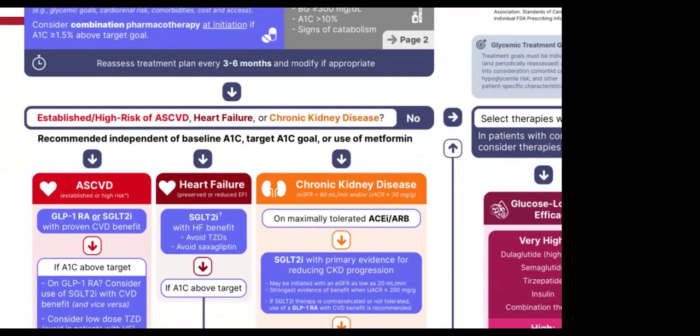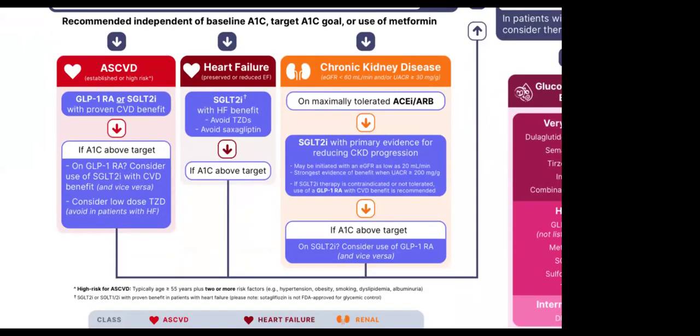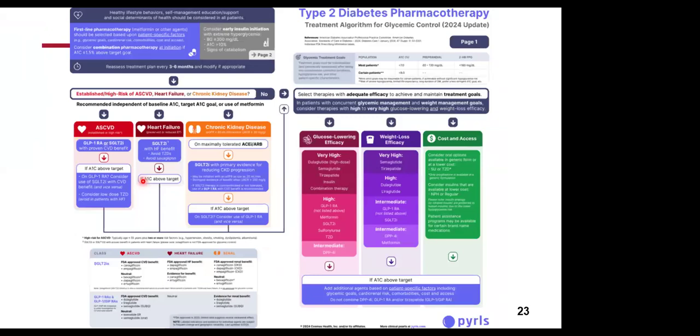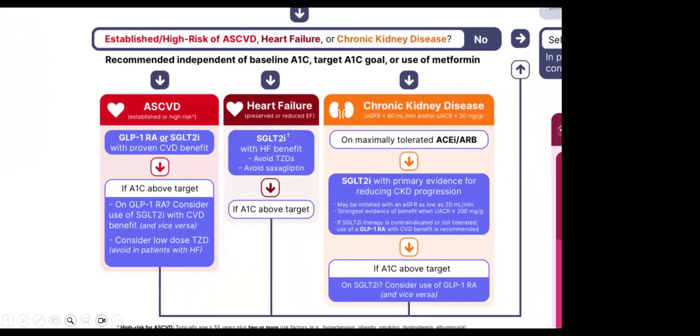If the risk of vascular disease is high, then you can consider glucagon-like peptide 1 receptor agonists or sodium glucose transporter 2 inhibitors. We've already seen where these drugs work. These drugs have a proven cardiovascular disease benefit.